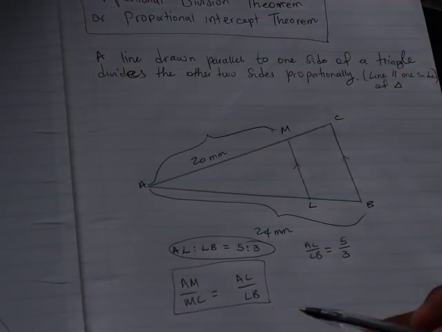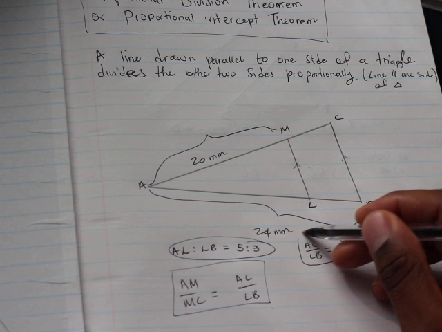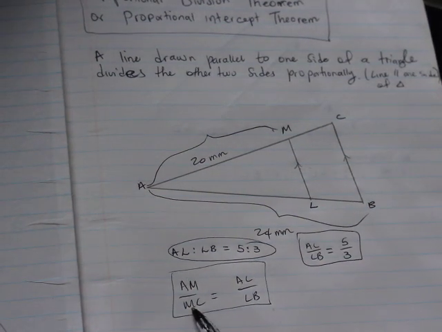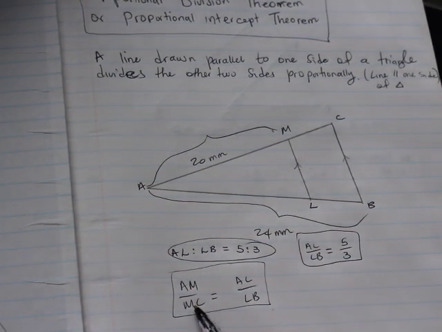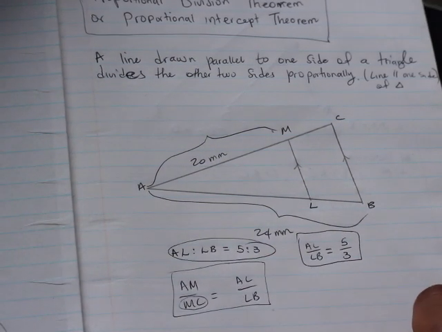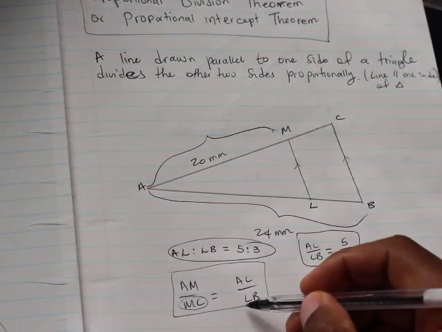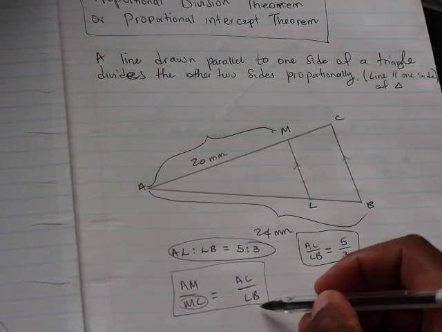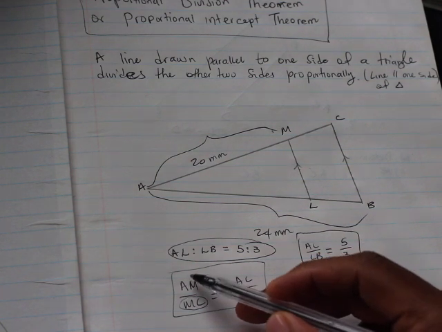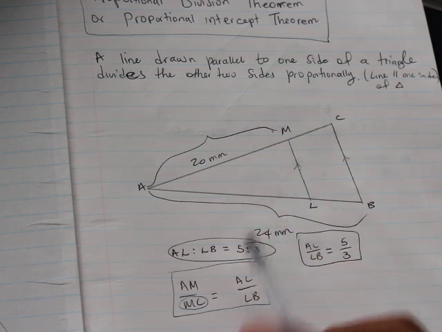Now let's use this piece of information to figure out the length of MC. Remember, we've been asked to look for MC. Now that we know AL over LB, let's plug that in, and we already know the length of AM.